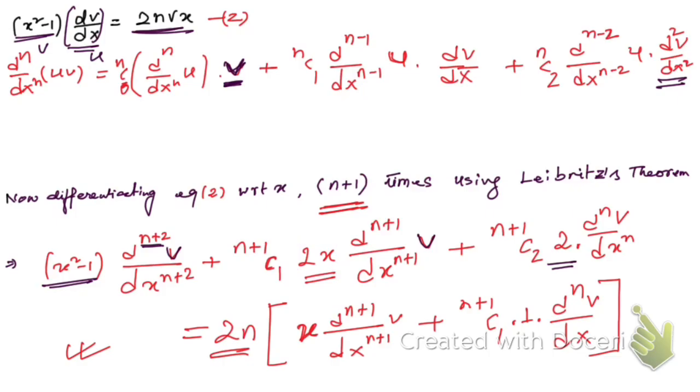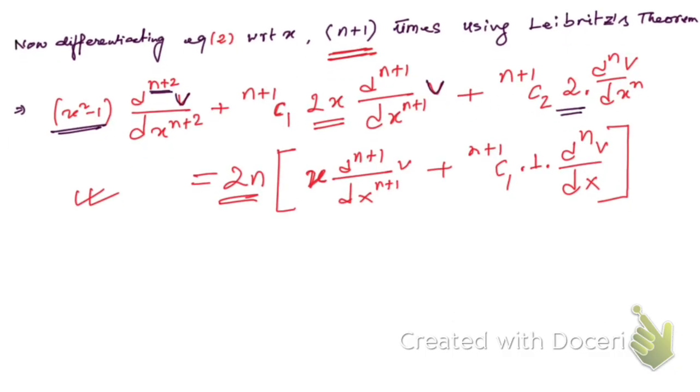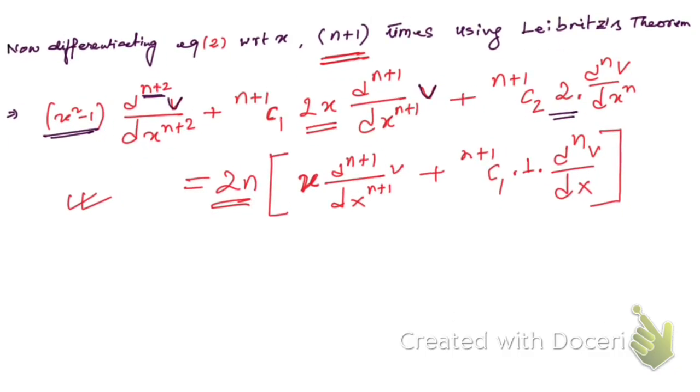So now, as I have written this equation number 2 in the previous slide already, let me clean this part. Okay, so now let me simplify this. What I'm going to do here, first let me write this one as it is, x square minus 1 into derivative of v, and the order of the derivative is n plus 2, by dx.